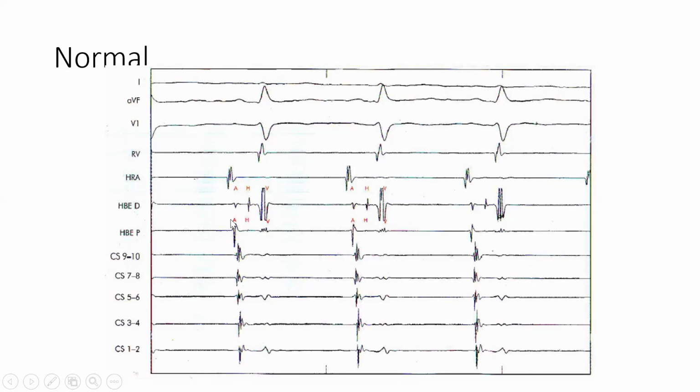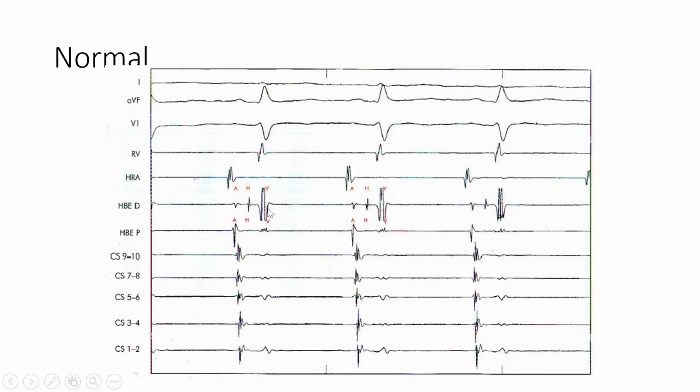Okay. Now, we've also said that the His activity sits between the atrium and ventricle. So that simply means you have the A wave, the His spike, which represents the bundle of His, and the ventricular activity. We said the AH represents the AV node, the HV represents the His to the Purkinje fibers, right?